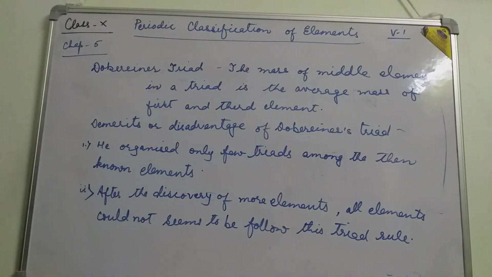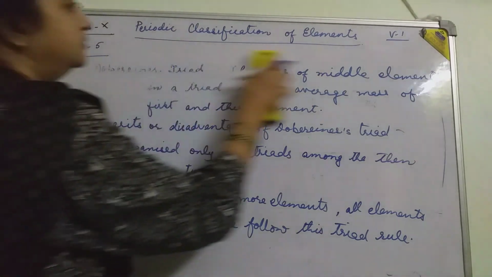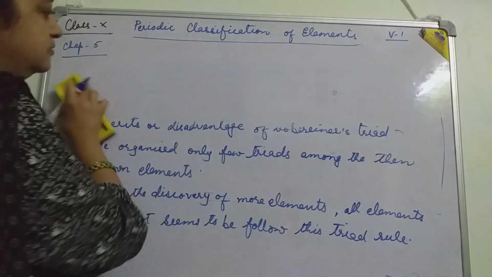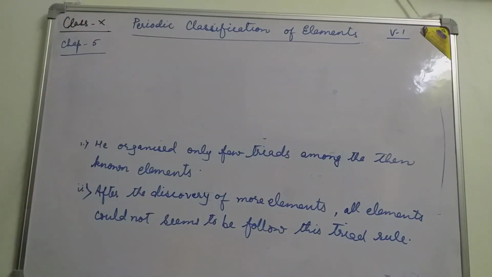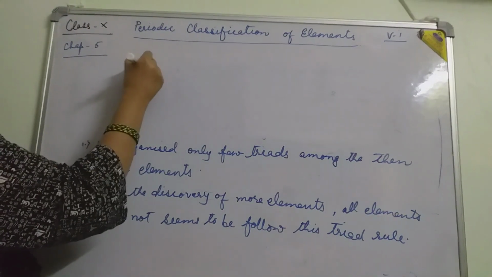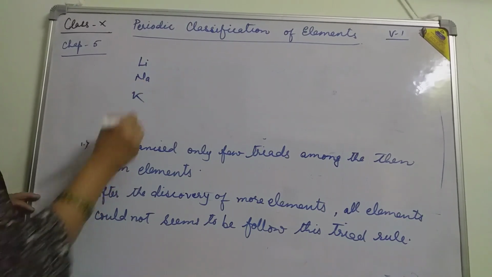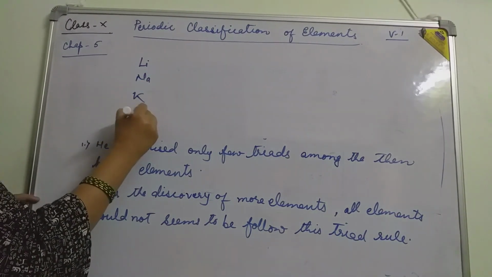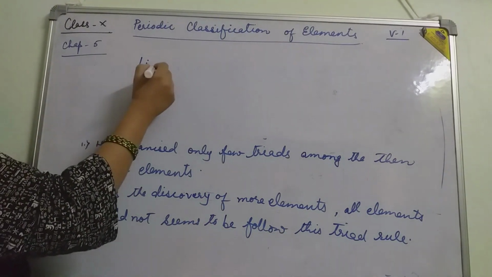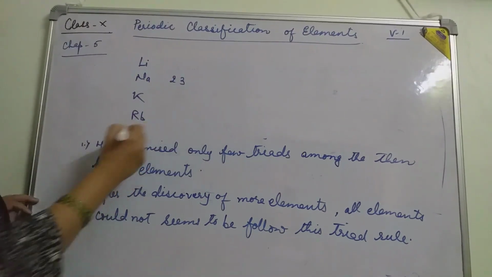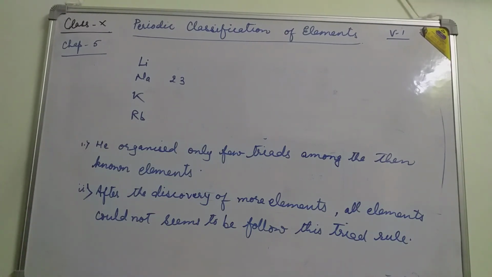For example, as we know, lithium, sodium, potassium is correct. If we consider sodium, potassium and rubidium, then the mass of sodium is 23 and the mass of rubidium is 86.